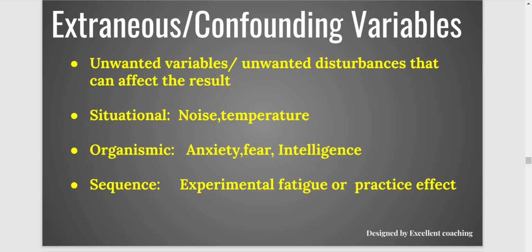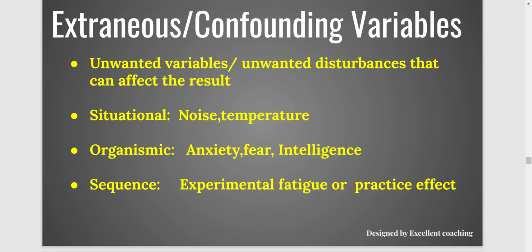So we were talking about experimental method. In experimental method, when we are trying to see the effect of one variable on the other variable, there are certain variables which can change the result of an experiment, and we don't want those variables to disturb or change the result of our experiment.